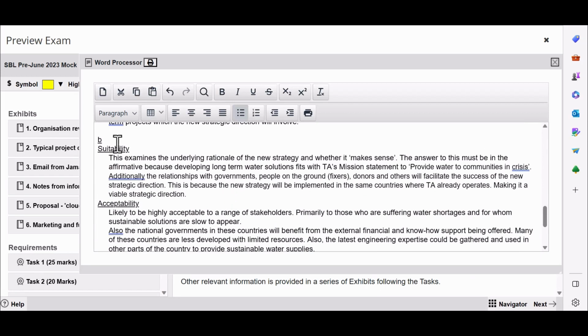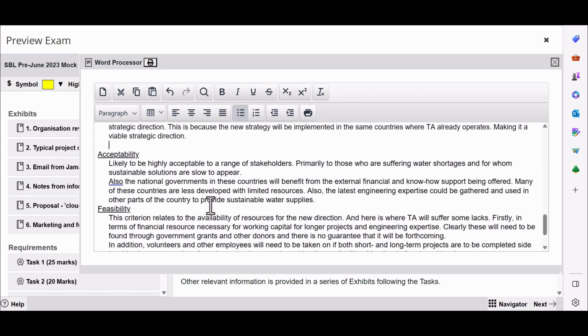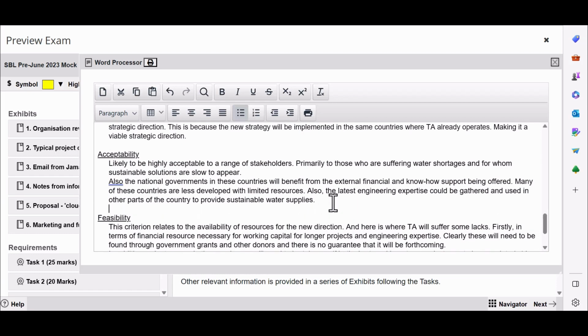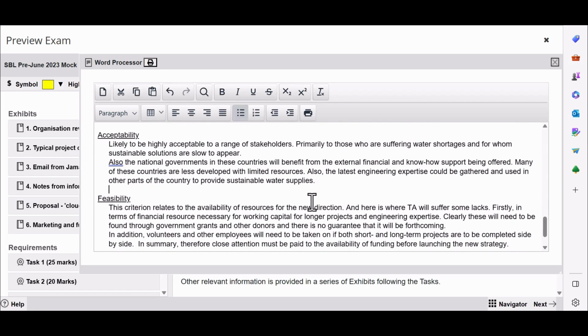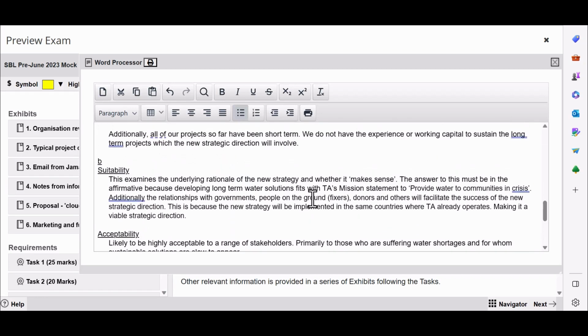Part B, as I suggested earlier, we're going to use the words in the question as subheadings. Okay, so suitability, acceptability, and feasibility. What does it mean?